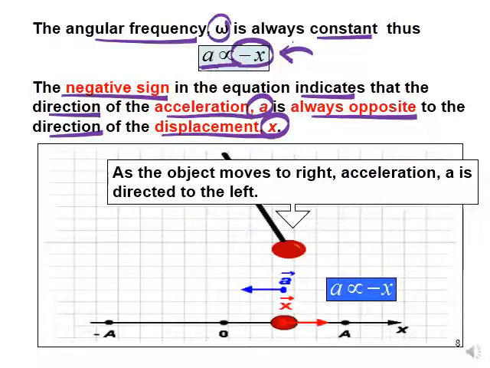As the object moves to the right, acceleration a is directed to the left. It shows that acceleration a is directly proportional to negative x.